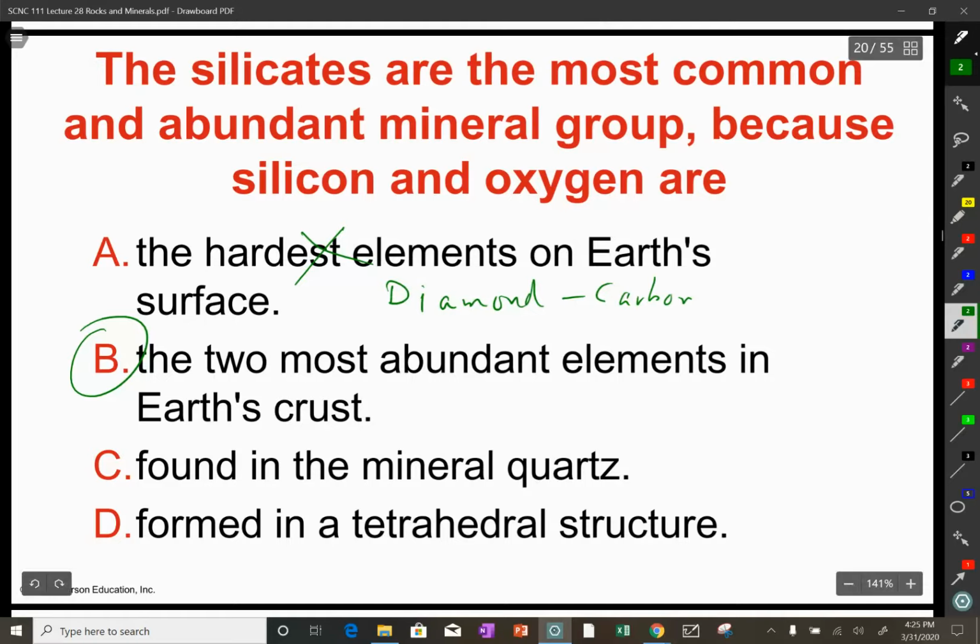Is it found in the mineral quartz? Well, it is true that quartz is pure silicon dioxide. That's what quartz is, but that doesn't give us any reason for it to be the most common. Is it formed in a tetrahedral structure? That's also true, but it's not why they're the most common and abundant mineral group. It's because they're the most abundant elements.